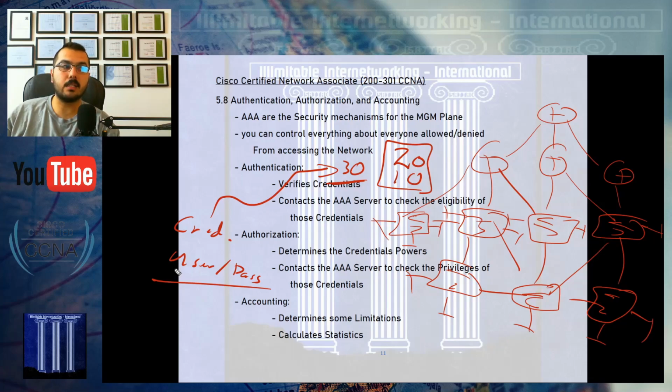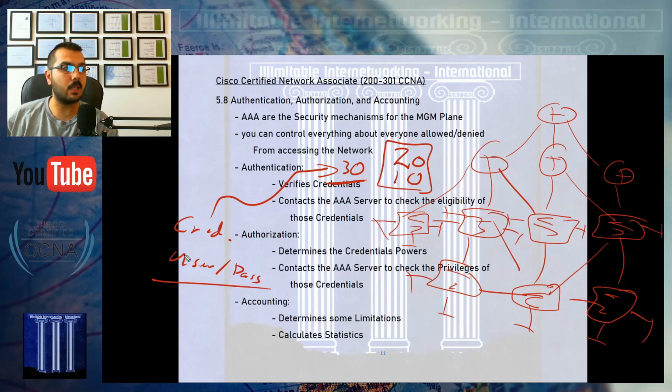So it's either I statically configure the 30 usernames and passwords with their privileges inside each of these 11 network devices in my network, or I use one of the big benefits of AAA, which is a RADIUS or TACACS server, or an AAA server.